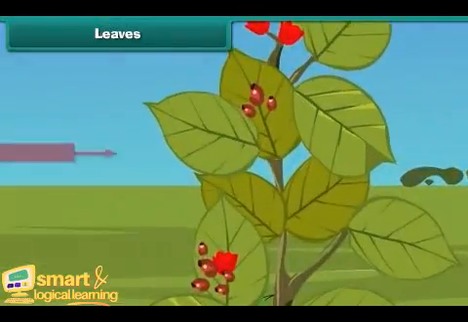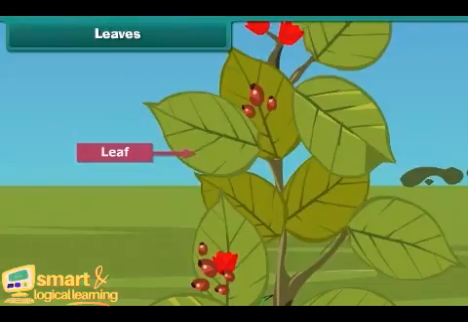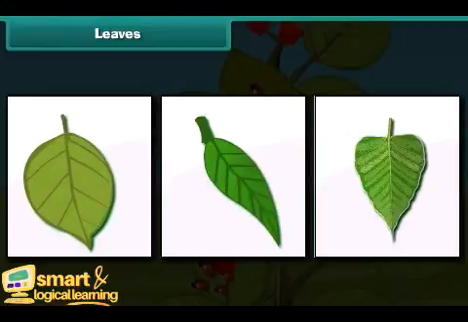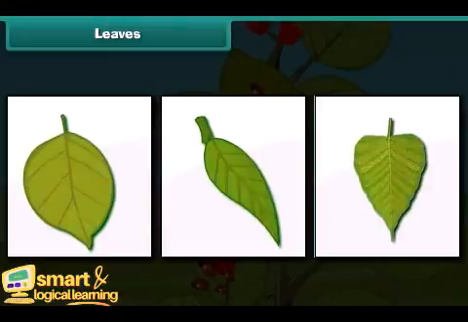Next part of the plant is leaf. It is the green part of the plant that is borne on the stem. They are of different shapes. Some are round, some are long, and some are triangular. The edge of a leaf is known as margin, and their margins are also different, like their shapes.